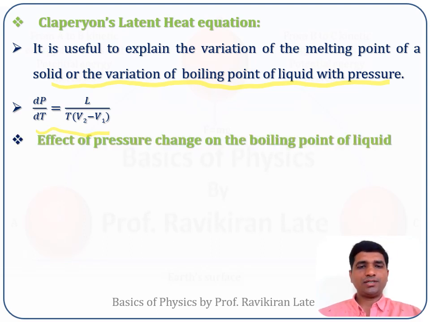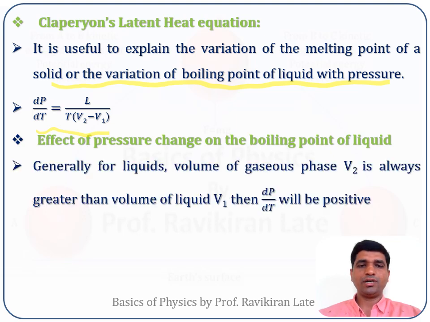First of all, let us discuss the effect of pressure change on the boiling point of a liquid. Whenever a liquid is converted into the gaseous phase, let us say V1 is the volume of the liquid and V2 is the volume of the gaseous phase.